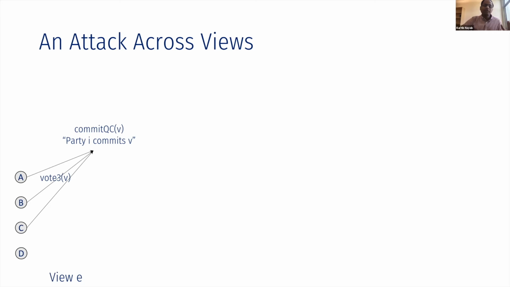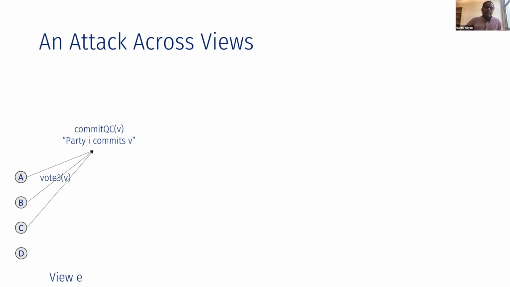Let's say in view E, of these 4 replicas, A, B, C, D, 3 of them, A, B, and C, performed a vote 3, because of which a commit QC was formed, and someone committed V. I'm writing it as party I committed V because it really doesn't matter who commits, because even an external client can commit it based on this commit QC that is formed.